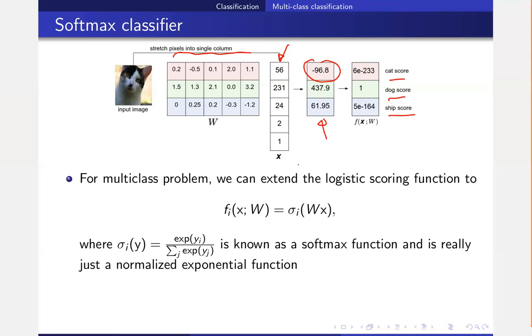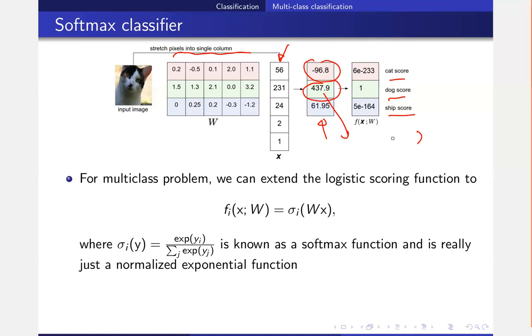So I first take the exponential of this value, and then because this is supposed to be a probability, I need to normalize it so that it sums to one.